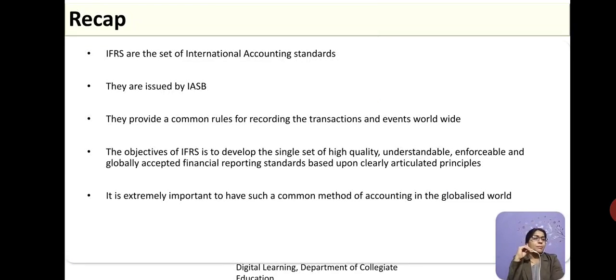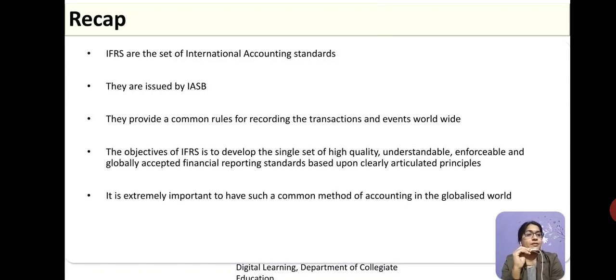Yeah, just to sum up today's session. We started with what is IFRS, and I told IFRS is closely related to the concept of accounting standards. What is an accounting standard? It gives a set of framework, or a set of rules and regulations, on the way the financial reports have to be prepared.